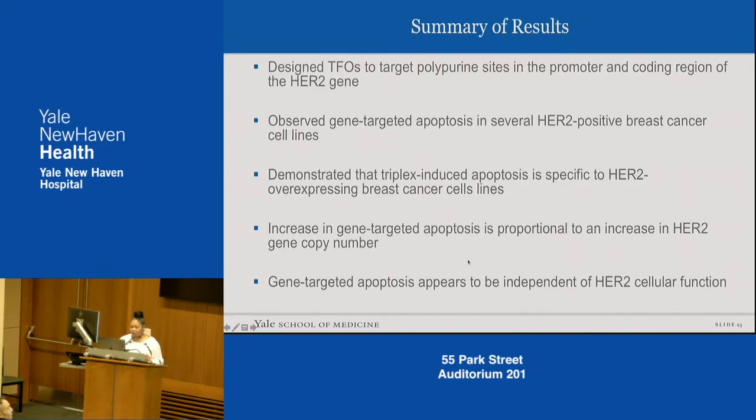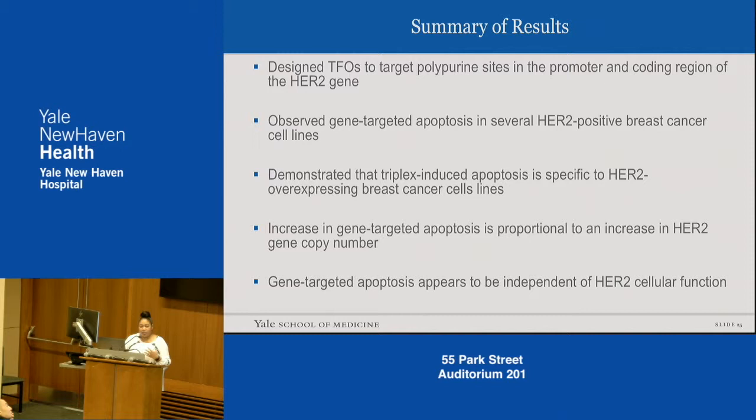So just to quickly summarize what I hope you gathered today: we were able to design TFOs that target polypurine sites that are specific for the HER2 gene, and these TFOs were able to activate gene-specific apoptosis, specifically in HER2-overexpressing cancers, and this apoptosis activation is dependent on copy number.